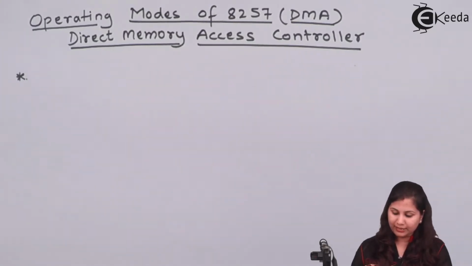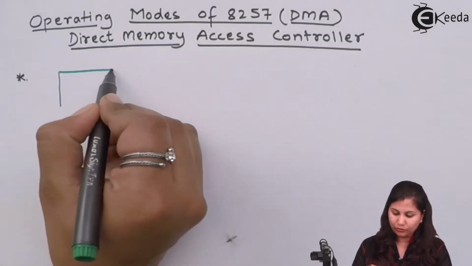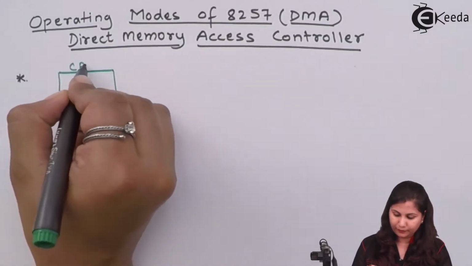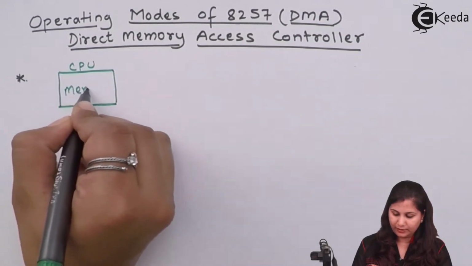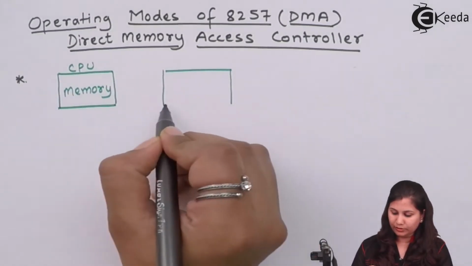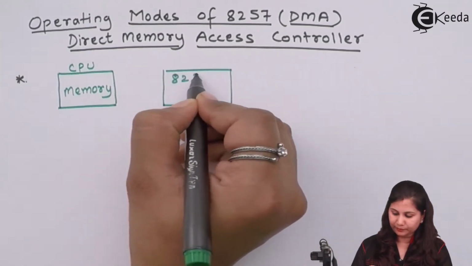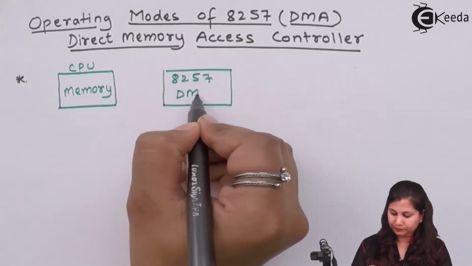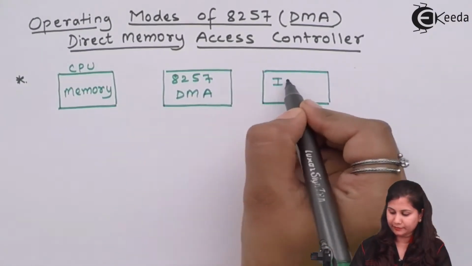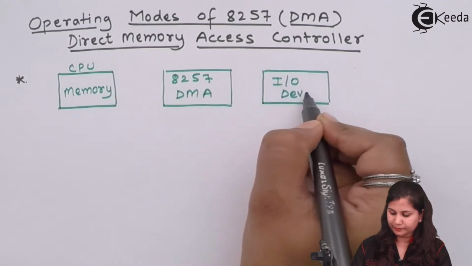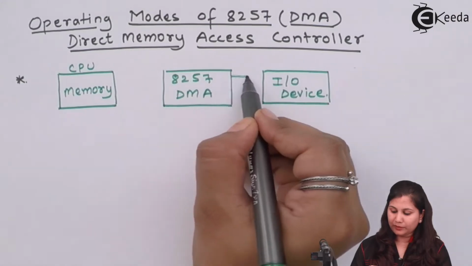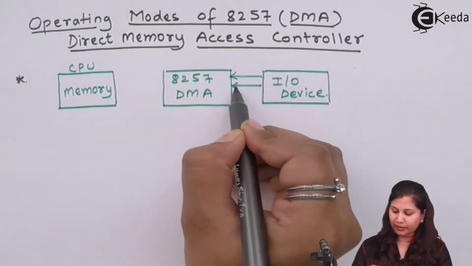So we can say that if this is the CPU, or we can say its memory, and this is the DMA controller 8257, and this is the input output device. This input output device will be connected first to the DMA controller.